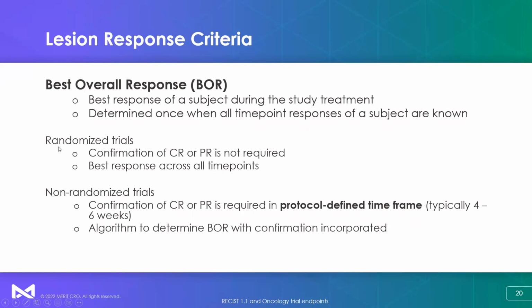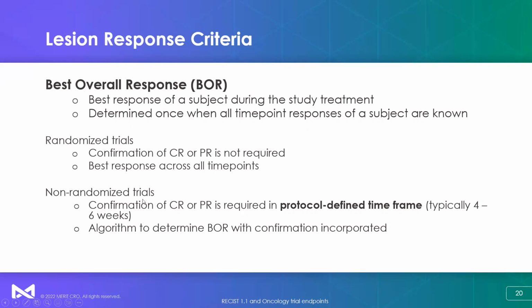In a randomized trial, confirmation of CR or PR is usually not required. That means the best response across all time points can simply be picked without any confirmation, which is a rather simple way of deriving a BOR.